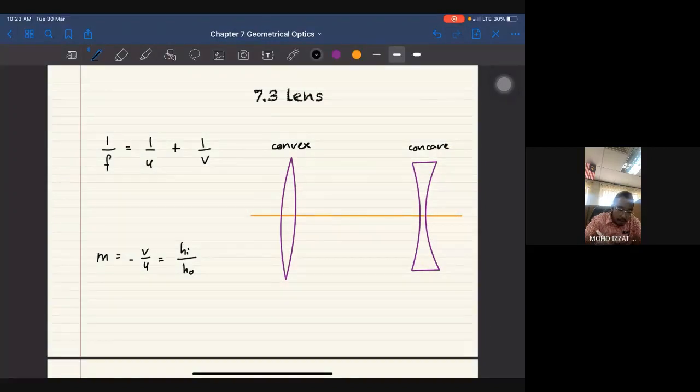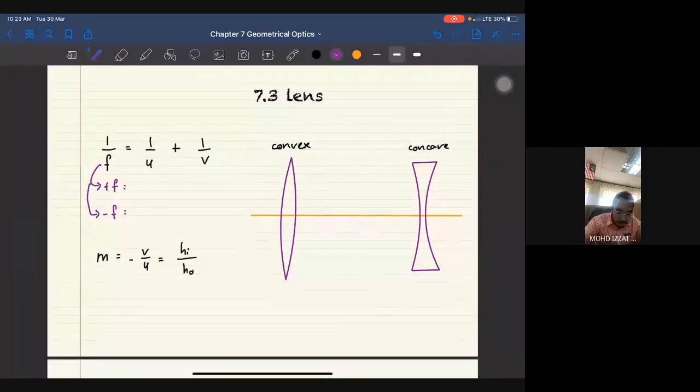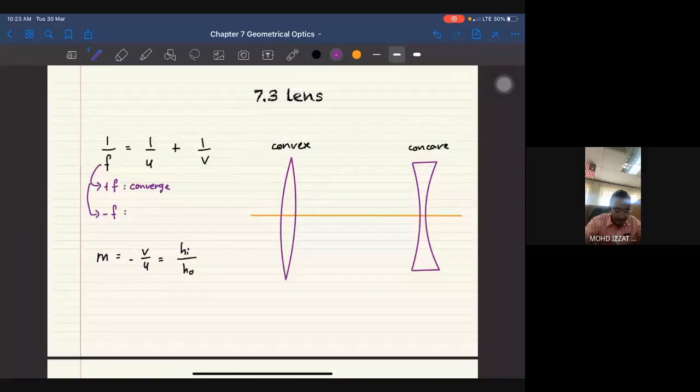Okay, so for positive F and negative F, positive F maksudnya apa? Apa sifat dia? Converge, diverge. Yes. So positive F means converge. Lens dia depan lens kot. Negative F is diverge. Okay.